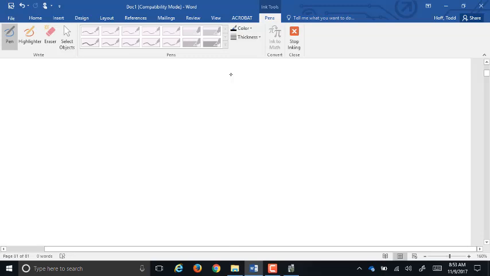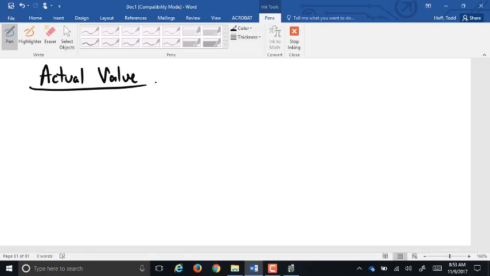So anyway, the problem is we don't ever know the actual size, the actual value. If we actually knew the actual value, we would have no reason to measure it, would we? No need to measure it if we know what the actual value is.